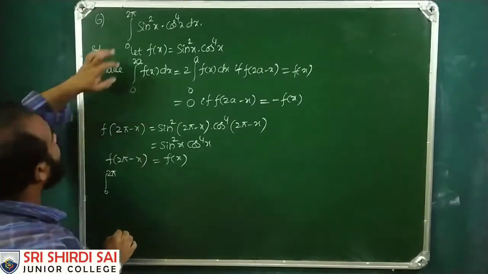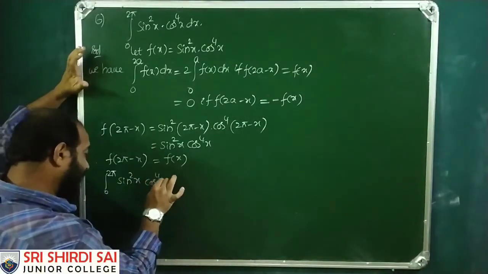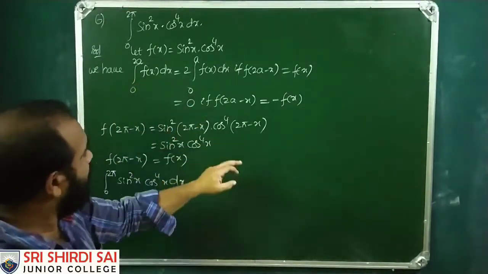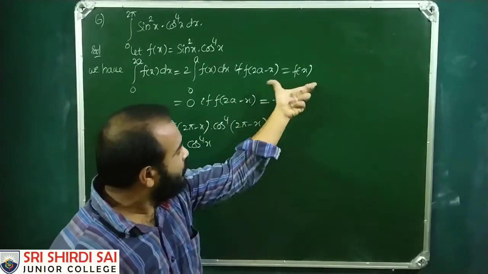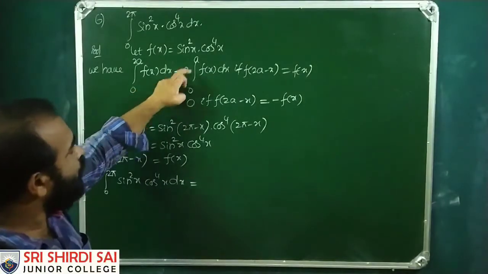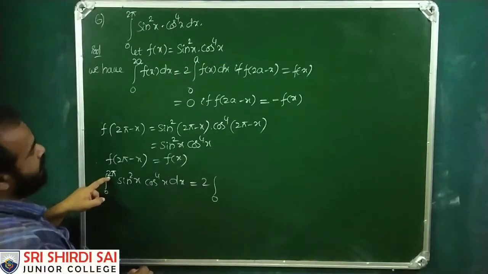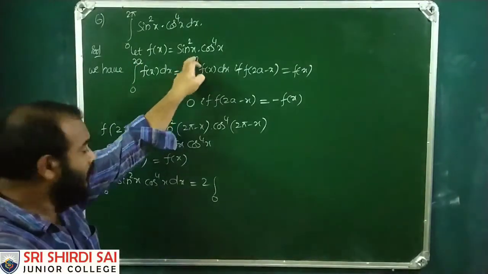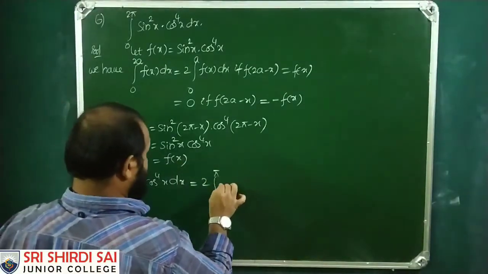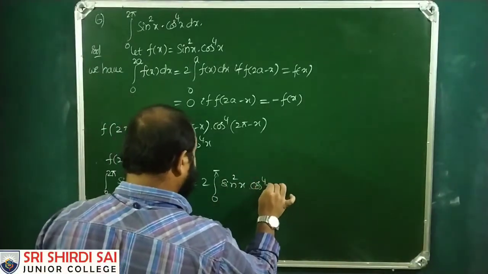Therefore integral 0 to 2 pi sin square x into cos power 4x dx, since f of 2a minus x equals f of x is being followed, this integral 0 to 2a f of x dx can be written as 2 integral 0 to a, so that means 2 integral 0 to half of 2 pi, which is pi, of sin square x into cos power 4x dx.